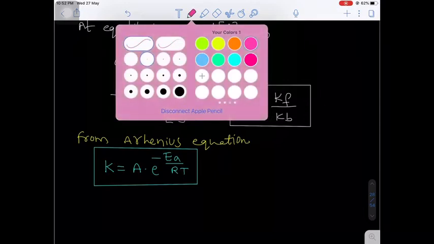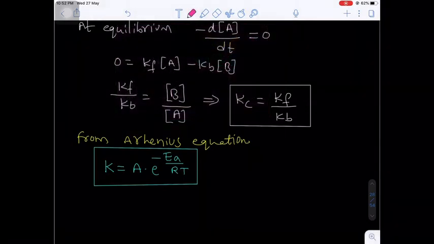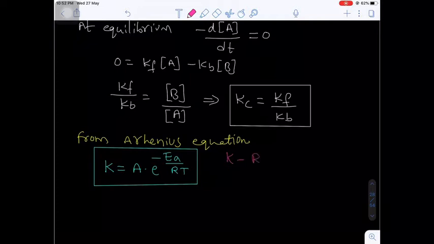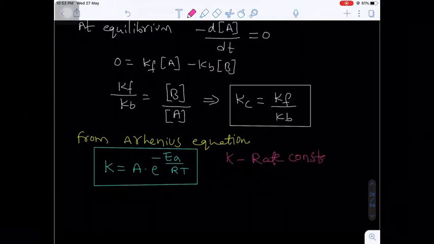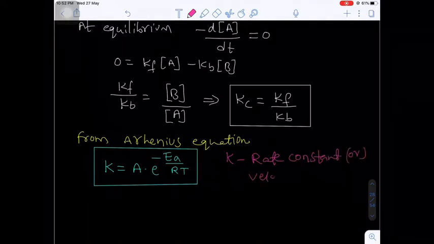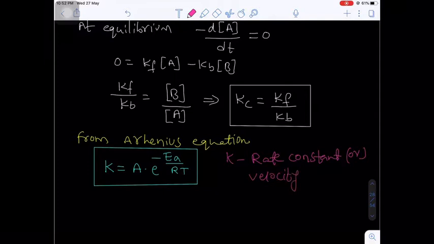Now in this expression, what are the different values? K corresponds to the rate constant. It is also known as the velocity constant.